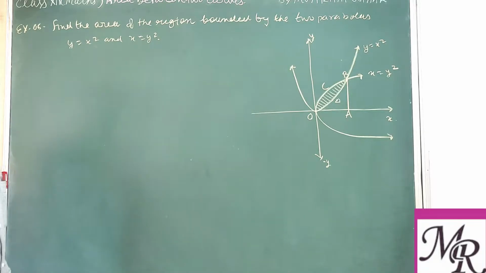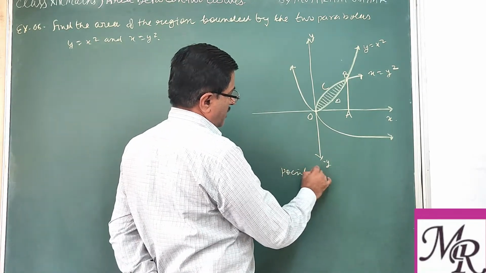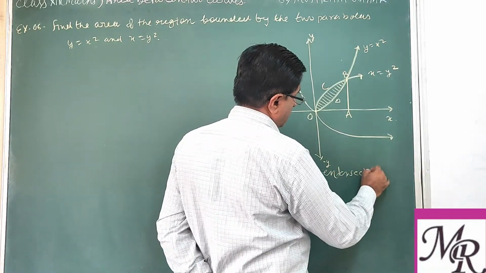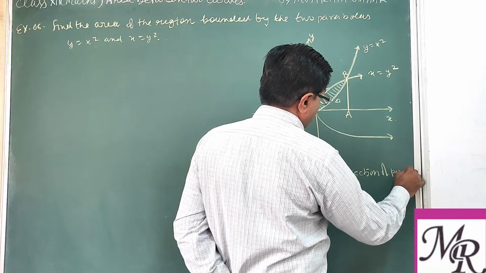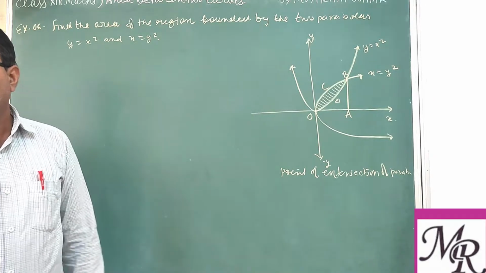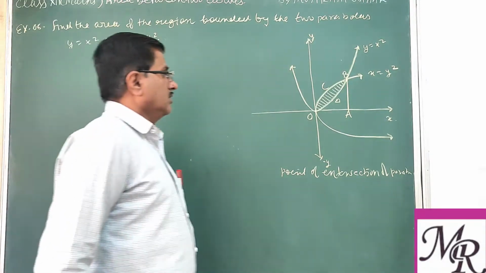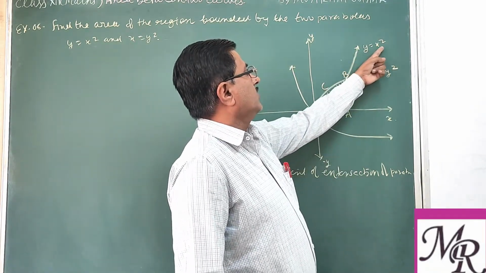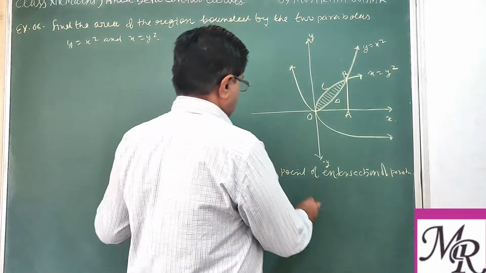So we find the point of intersection of the parabolas. How to find the point of intersection? We solve both the equations simultaneously.